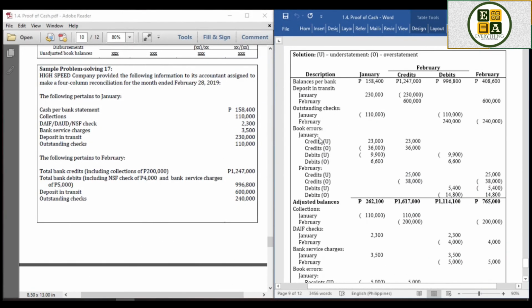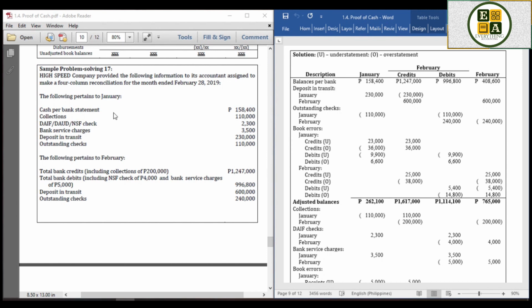Okay, so dito naman tayo sa sample problem solving 17. Yung application naman dito ay yung bank to book balance method. Okay, or bank to book method. Okay. Hindi ko na i-elaborate masyado paano na-solve yung sample problem solving 17 kasi meron na tayong na-solve kanina sa adjusted balance method. I-explain ko lang ng konti kung paano na-solve yung sample problem solving 17.